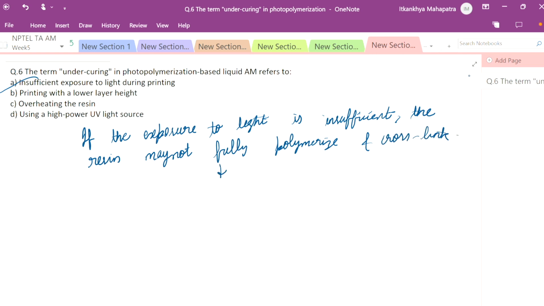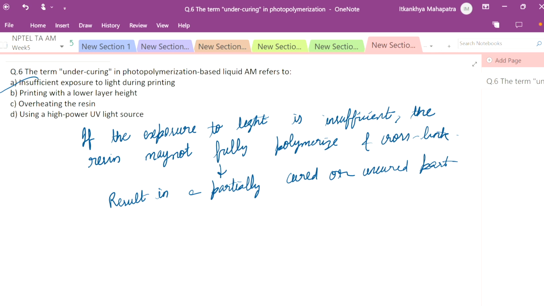This will result in a partially cured or sometimes an uncured part. Now, this can lead to structural weakness, poor surface finish, and other defects in a printed object.